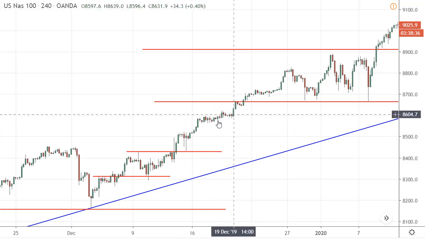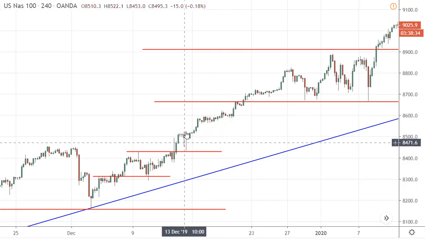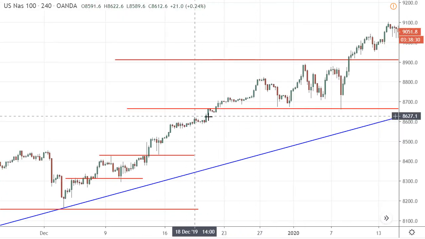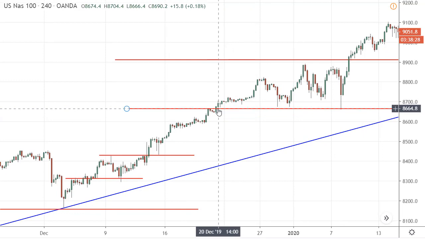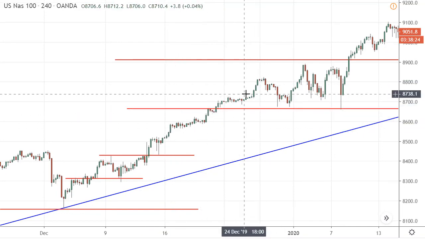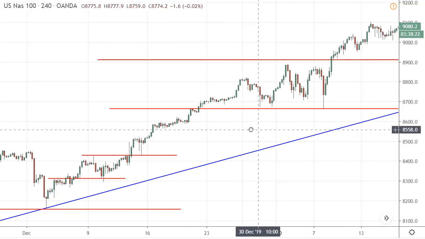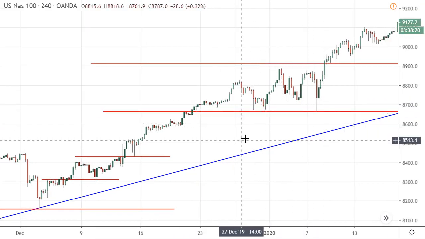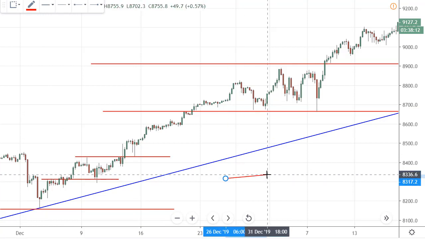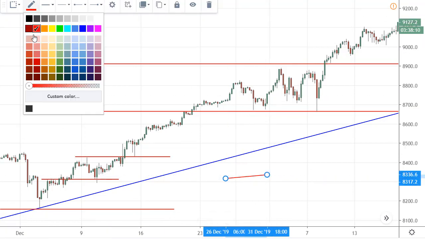We do get some consolidation here, but we do not get a retest of the previous resistance level, so that did not happen. Eventually we hovered a little bit to the upside, and then finally we broke a bit higher again, forming all those support levels, those touches of support, making this support level that we identified on the daily chart already. Okay, well, I'm gonna put in a trend line again, so I'm gonna make that blue.